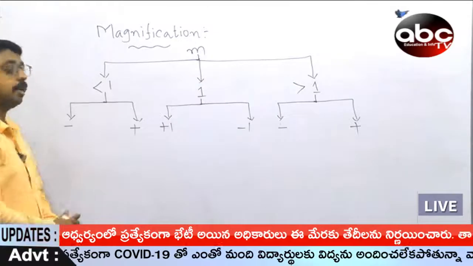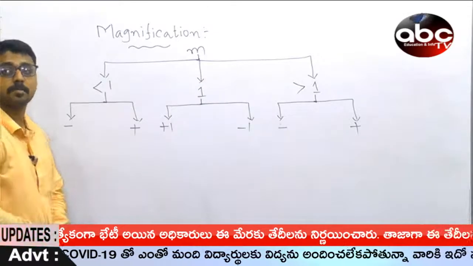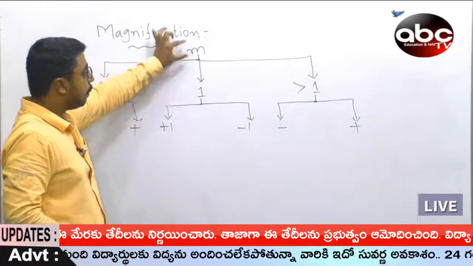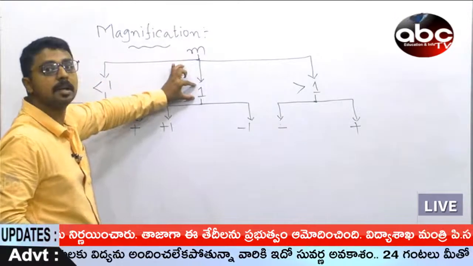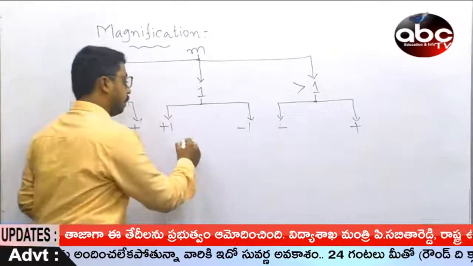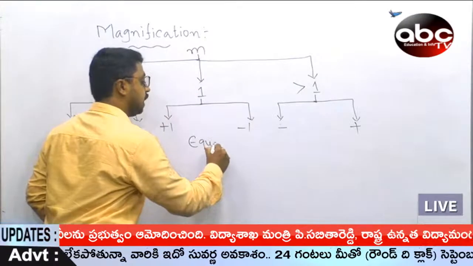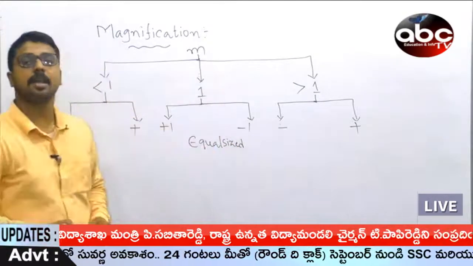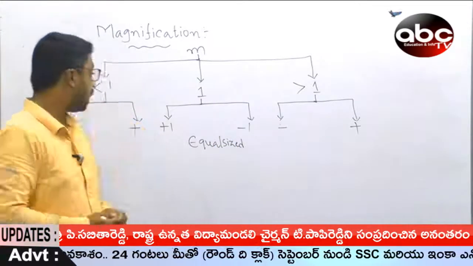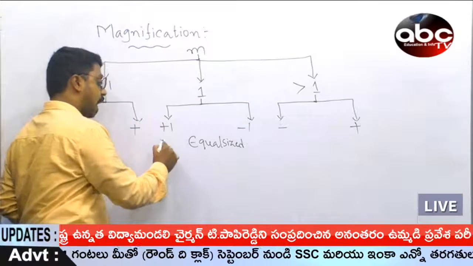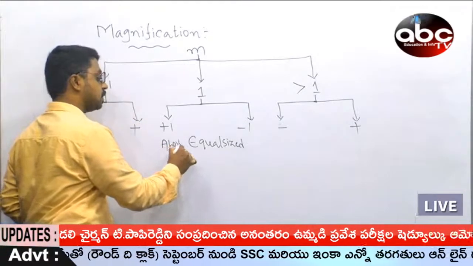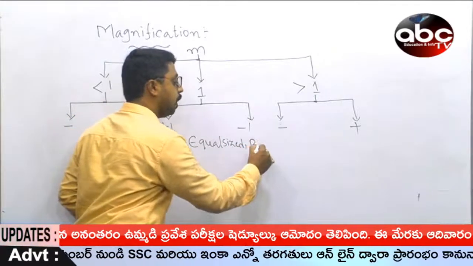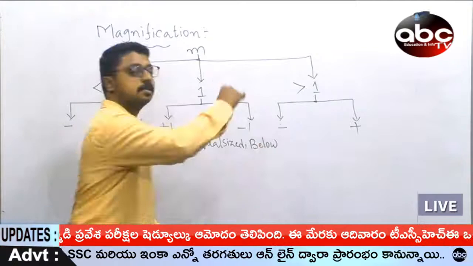So what are we going to discuss here? Just a simple logic. If magnification power is 1, when does it come? When it is equal sized, we get 1 as the magnification power. Whereas if it is +1, it is above the principal axis. If it is -1, below the principal axis.